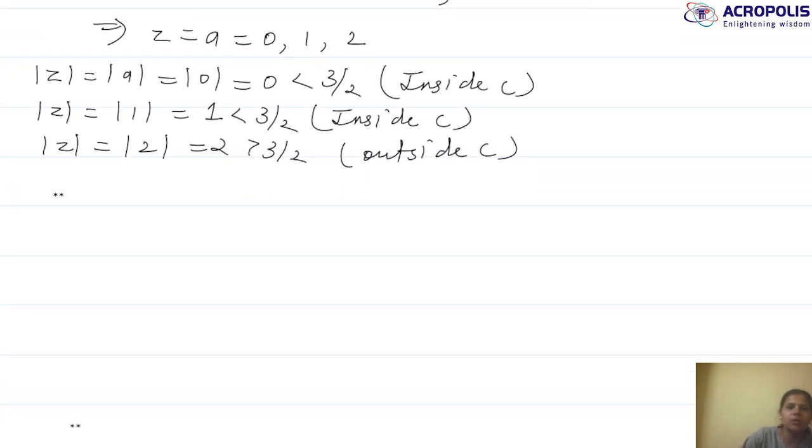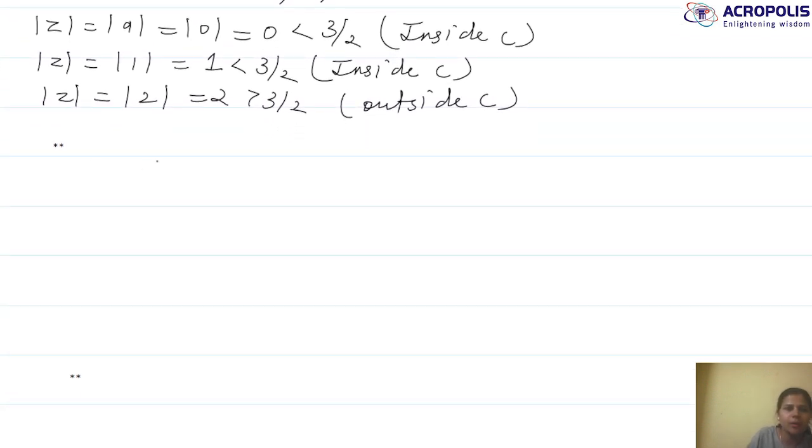Now our integral is (4 minus 3z) over z(z minus 1)(z minus 2) dz.